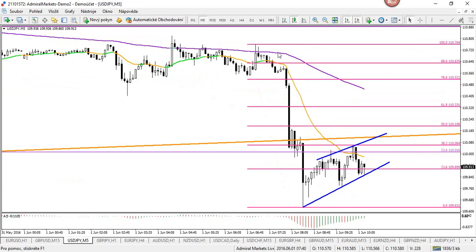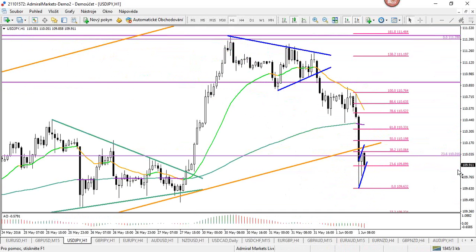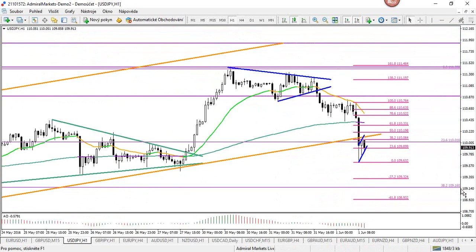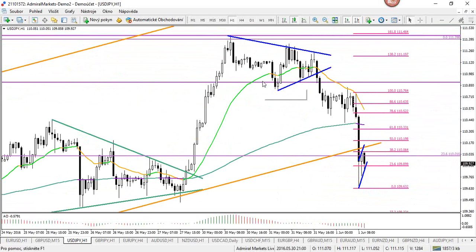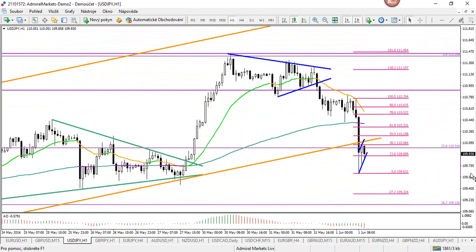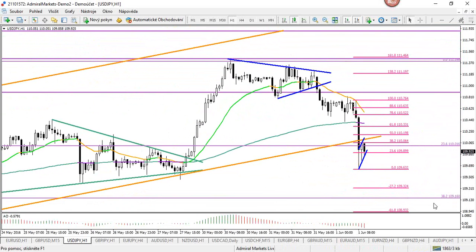This is a bear flag on a 5-minute chart after good momentum, hitting the 38.2 fib. So a break of this bear flag on a 5-minute chart, I do think could make sense for continuation down to, let's take a look, 109.16.